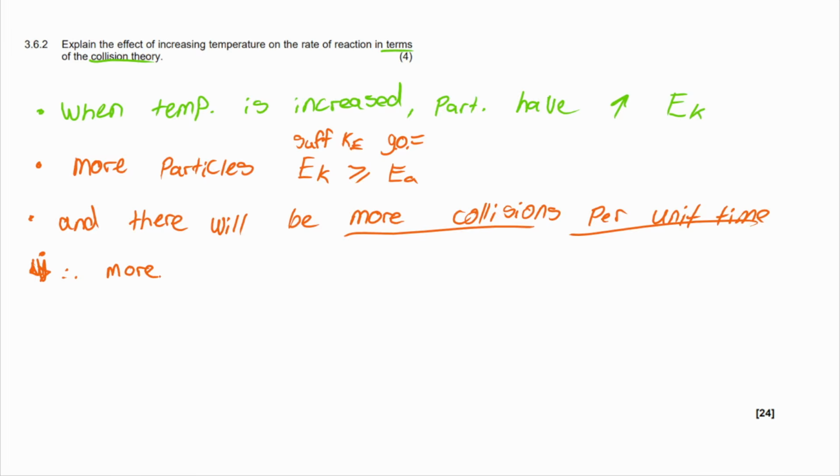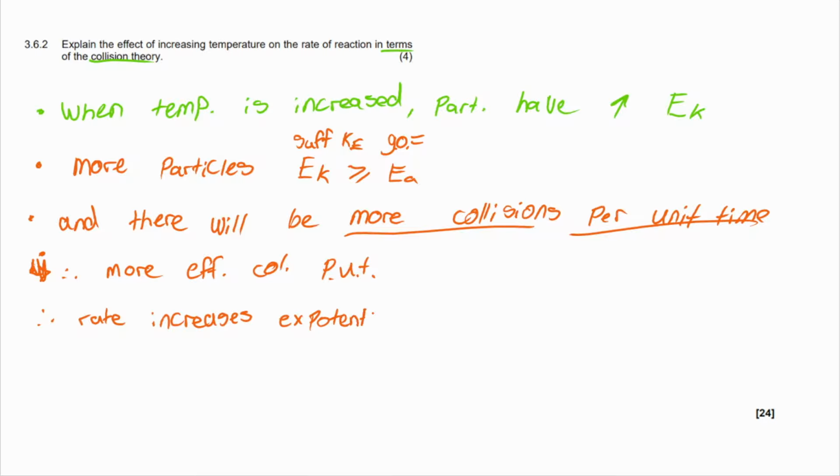But the memo says both factors increase the number of effective collisions per unit time, and then very interestingly they say therefore the rate increases exponentially.